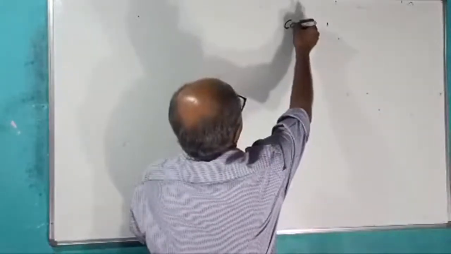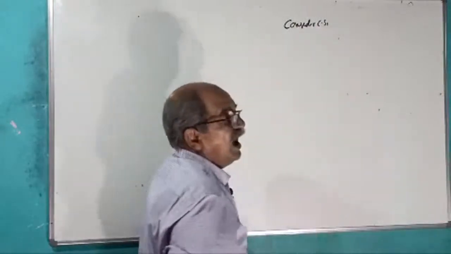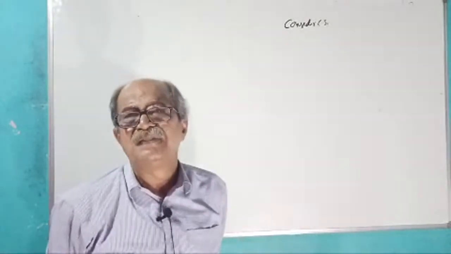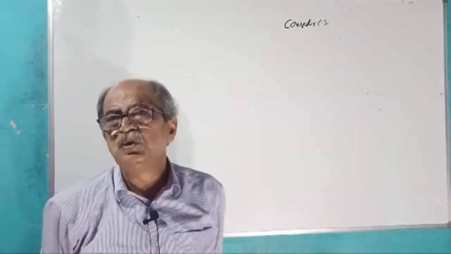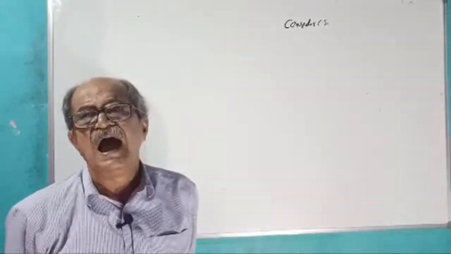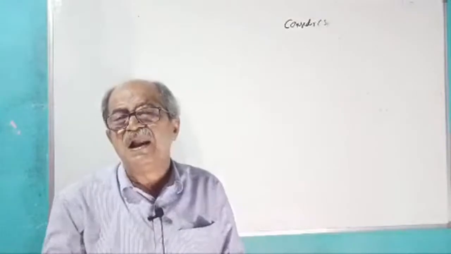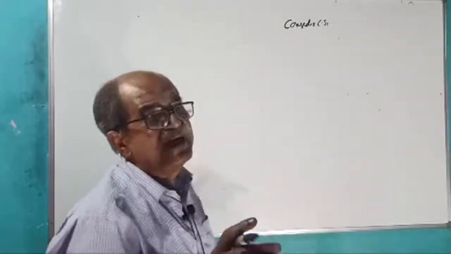Consider the cross section. I will not take a rectangle, because people will say he took an easy cross section. Okay, I will take an I section, and not symmetrical. I will risk it and take an unsymmetrical I section.